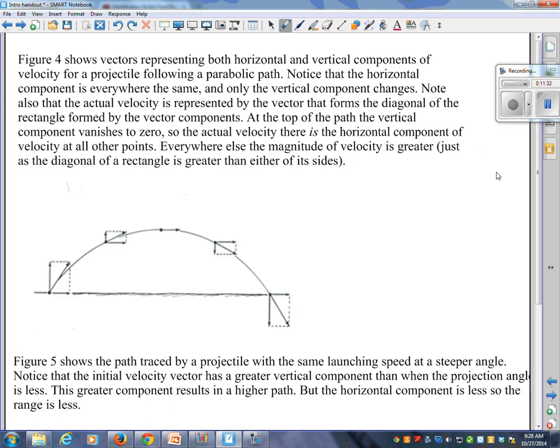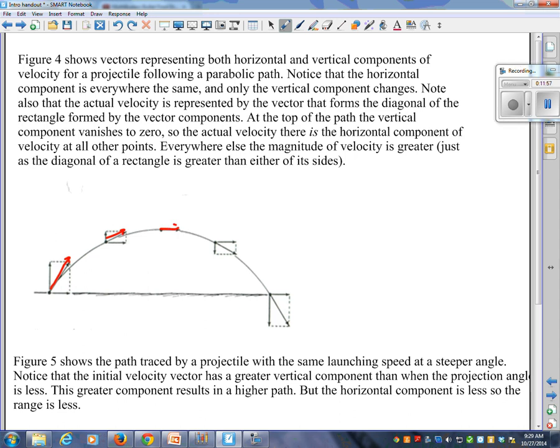Figure 4 shows vectors representing both horizontal and vertical components of velocity for a projectile following a parabolic path. Notice that the horizontal component is everywhere the same and only the vertical component changes. Note also that the actual velocity is represented by the vector that forms the diagonal of the rectangle formed by the vector components. So what they're saying is here, there's the actual velocity.